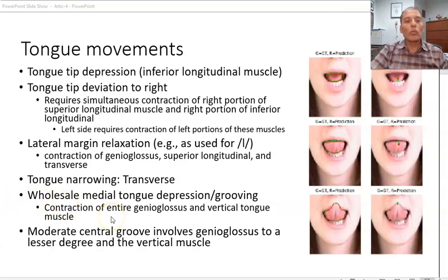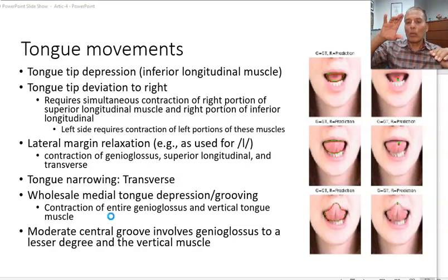If you want to do a wholesale, medial tongue depression, just bringing the tongue down and also grooving slightly, you need contraction of the genioglossus and the vertical lingual muscle.